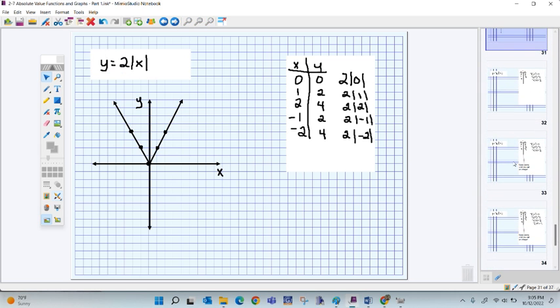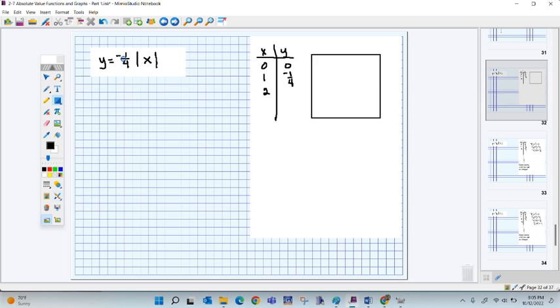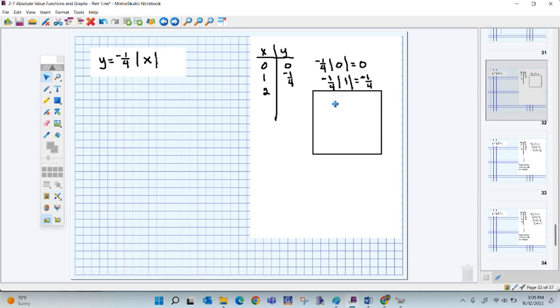Remember I told you yesterday, when you have a fraction that's smaller than 1, we're going to end up with a compression. It's going to smush it down. So I'm going to plug these in. We also have this negative, so we'll see what that does. When I plug in a 0, I get 0. When I plug in a 1, I get negative 1/4.